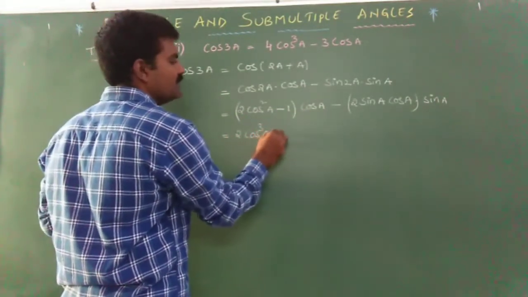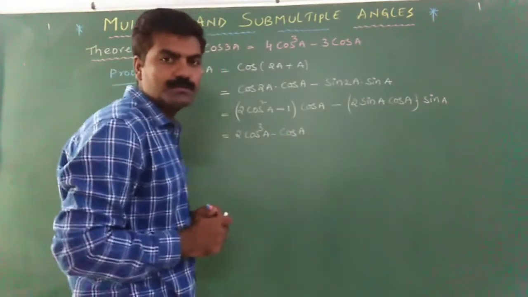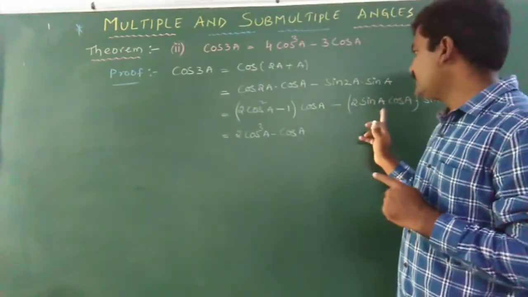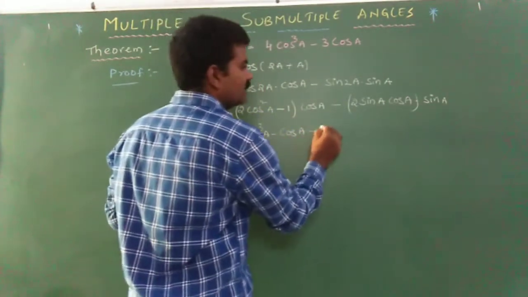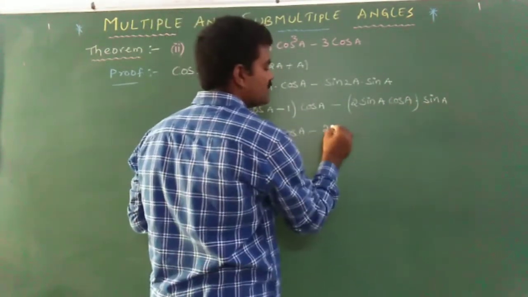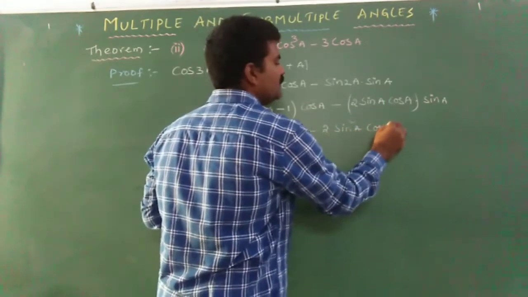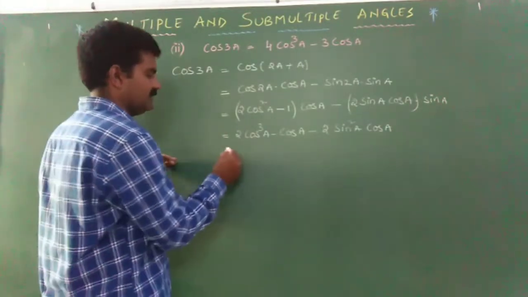Fine. Let us multiply these two. 2 cos cube a minus cos a. And what about here? Minus 2 into sin a into sin a, sin square a into cos a. Okay. Fine.